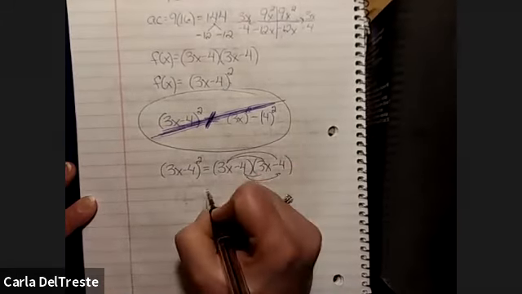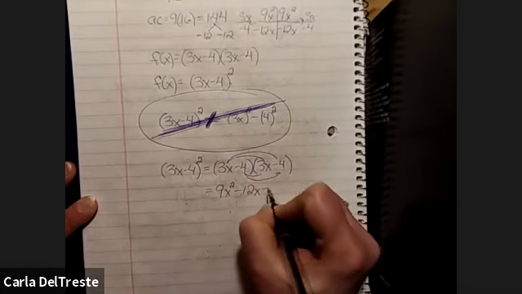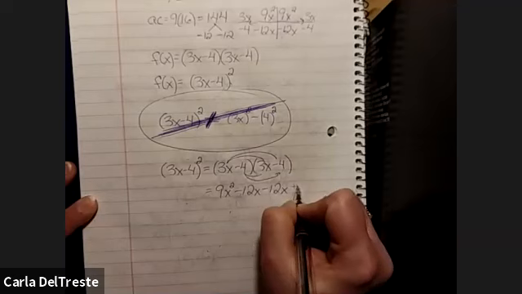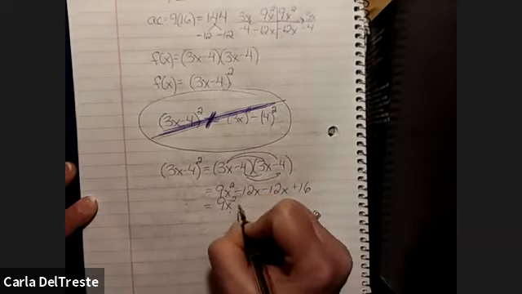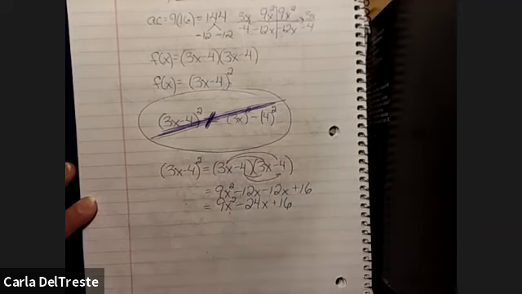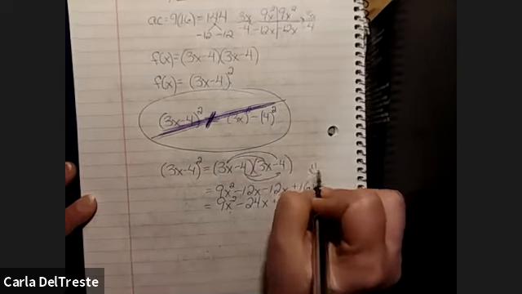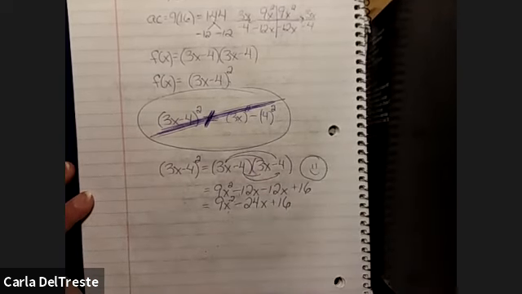This would give you 9x squared minus 12x minus 12x plus 16. And when you combine minus 12 and minus 12, you get minus 24x. This is the right way to do it. That's how you're going to get your happy face.